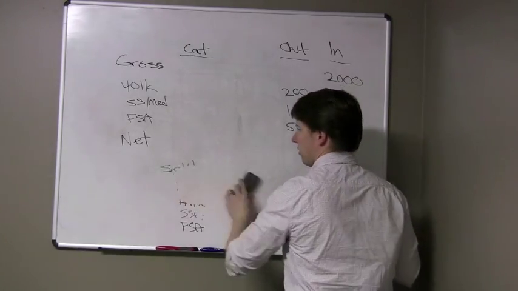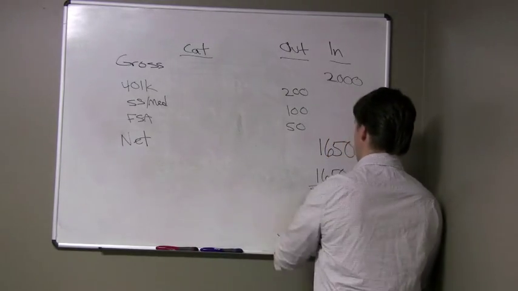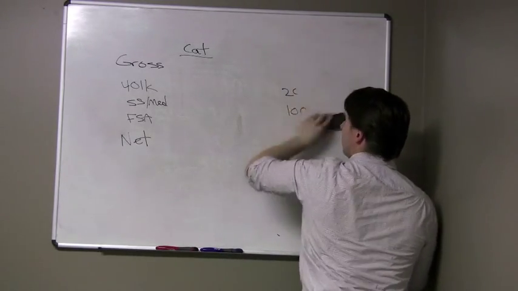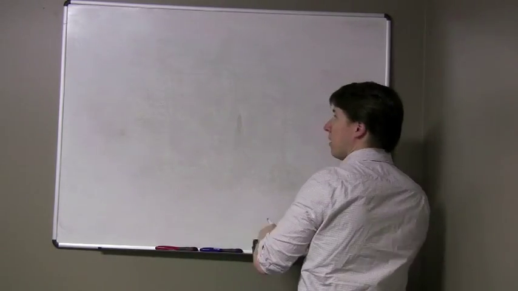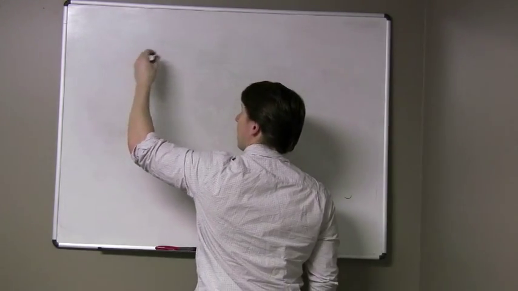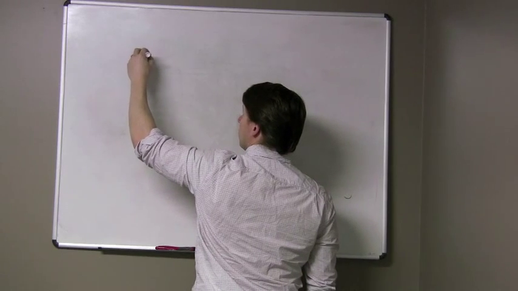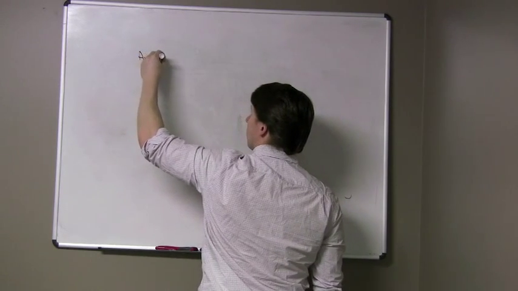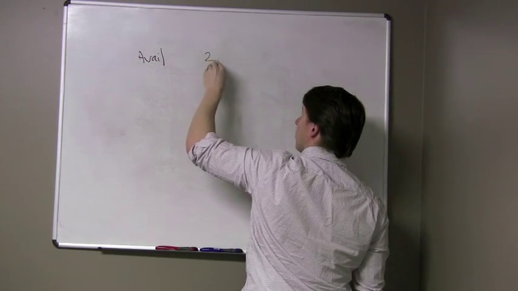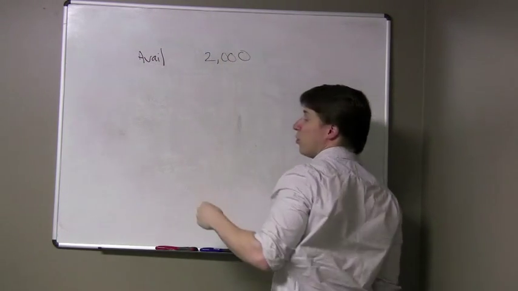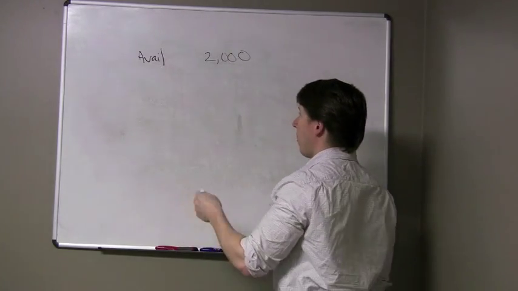Let's go to the budget side. Let's see if we can remember what our categories were. On the budget side, at the top for available, you would have that $2,000. That was the gross amount that you would put as income available next month.